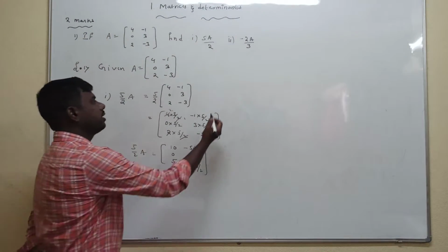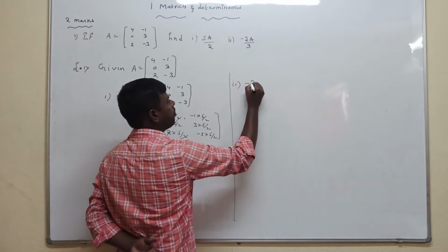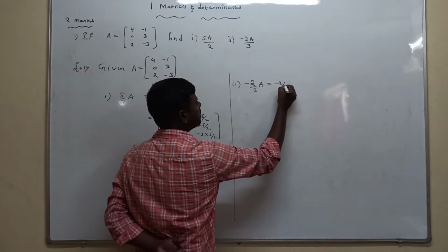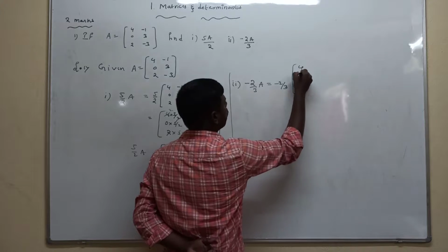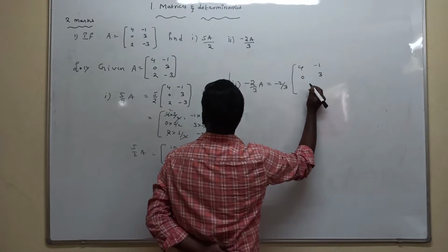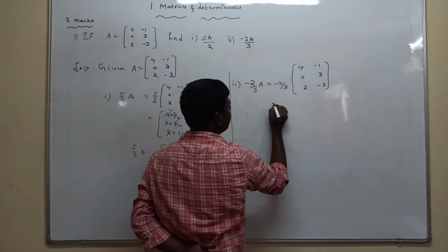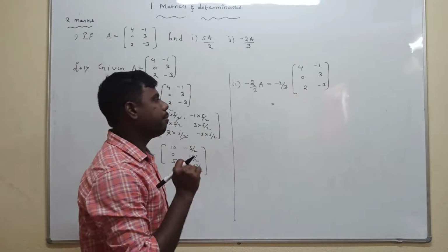Second one, what are they asking? Find minus 2 by 3 into A. Here minus 2 by 3 is the scalar element, substitute A matrix 4 minus 1 0 3 2 minus 3, so each number is multiplied with minus 2 by 3.